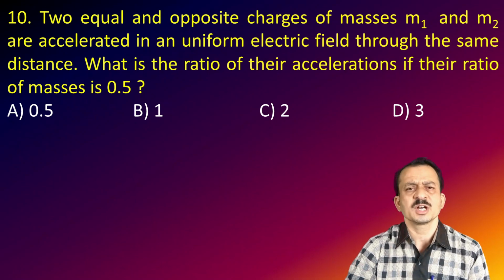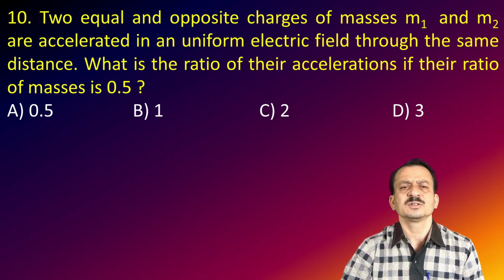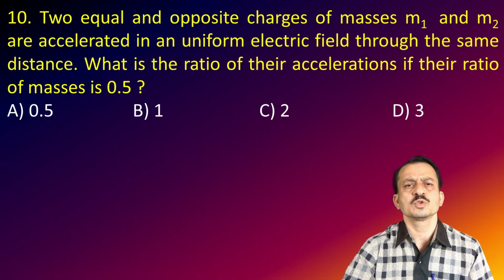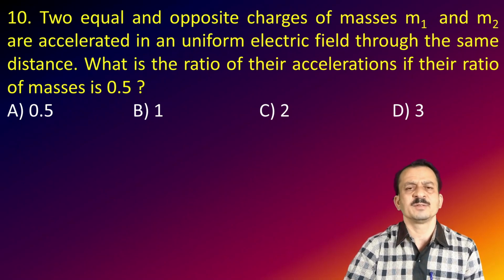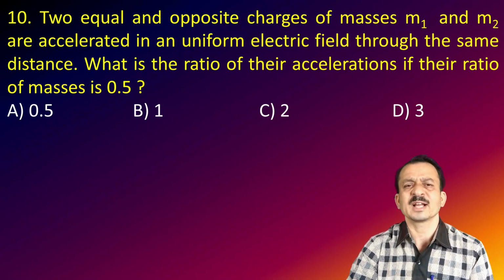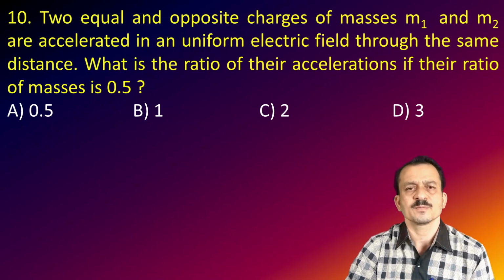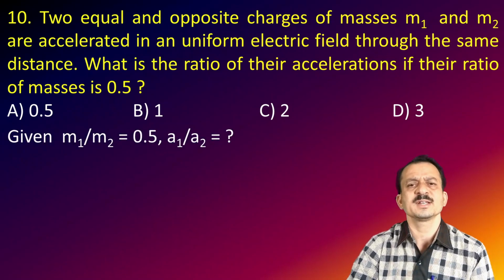Positive charge moves along the field direction, negative charge moves opposite to the field direction. Since the field is uniform, both charges experience the same force. So the force should be the same.